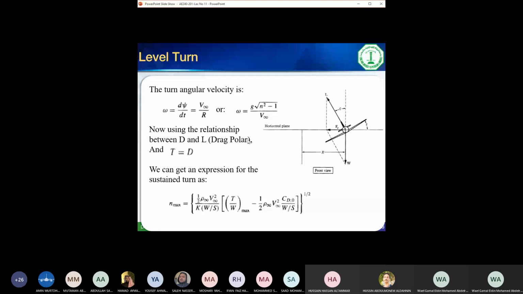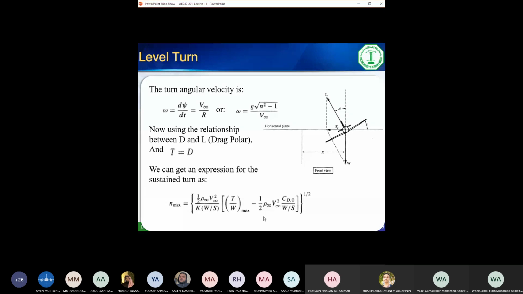So it can go a full circle, which is 2 pi, within how many seconds? Well, it's a function only of N and V. I can also get rid of the lift and replace it with the drag, because I have a relationship between them, which is the drag polar. I can represent L in terms of G, and D is related to T. So at the end, I can get the load factor as a function of the drag polar parameter and the thrust ratio.